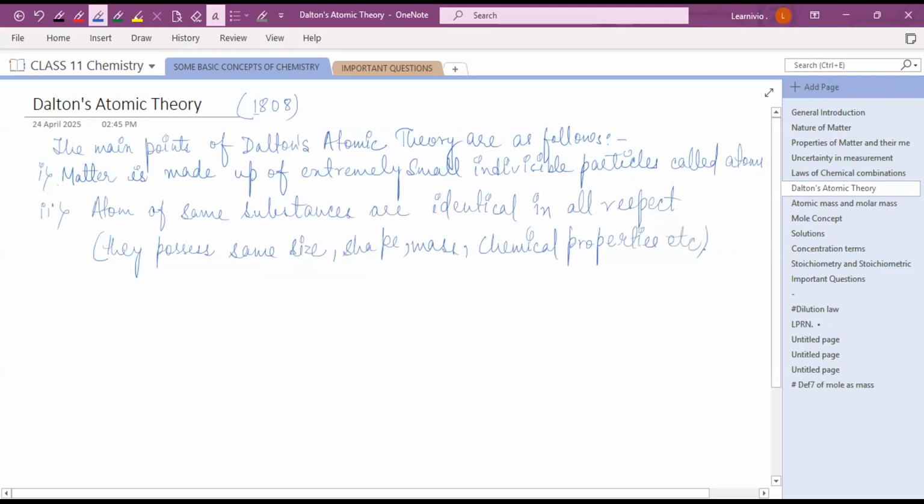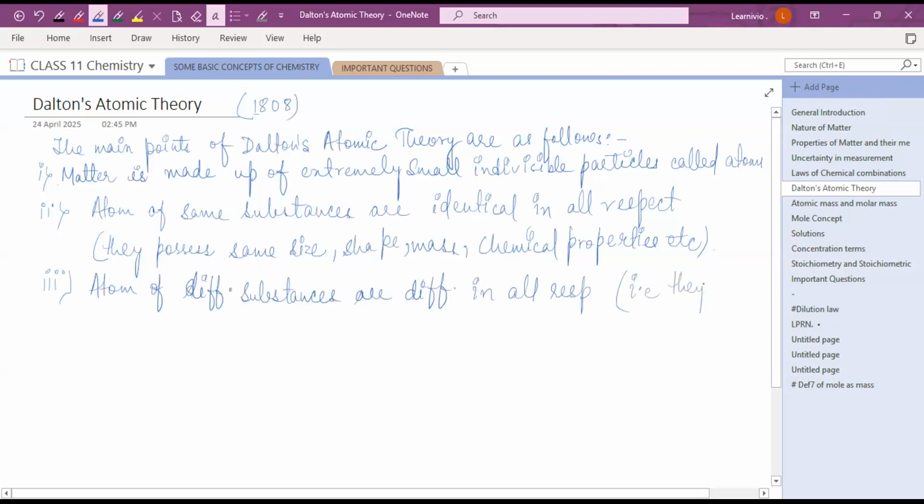Okay, the third main point of Dalton's theory was that atoms of different substances are different in all respects.